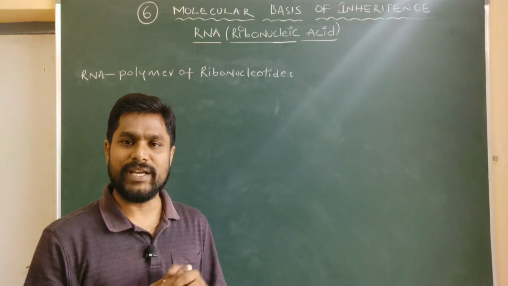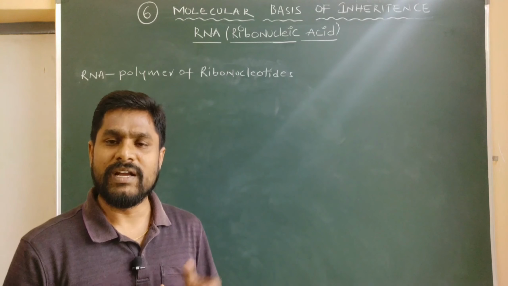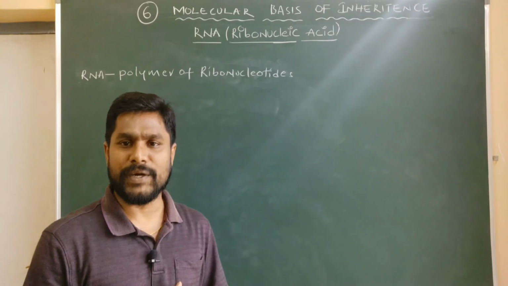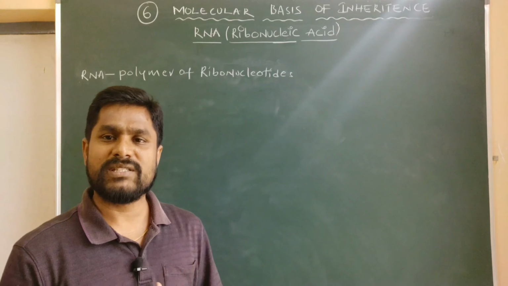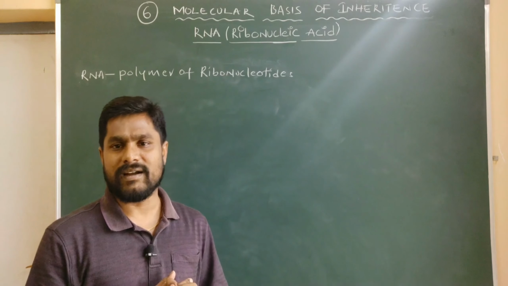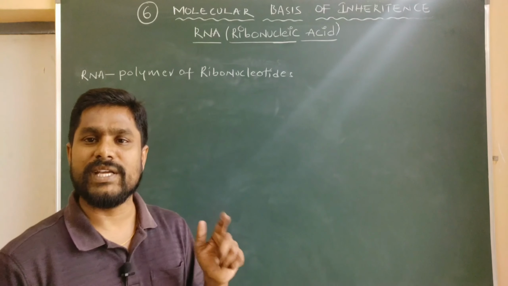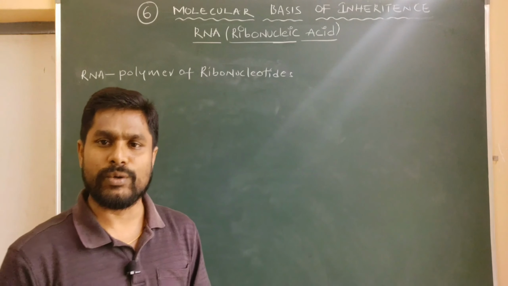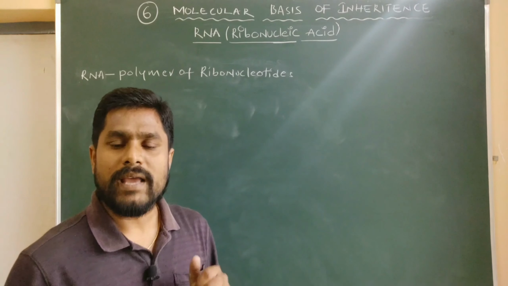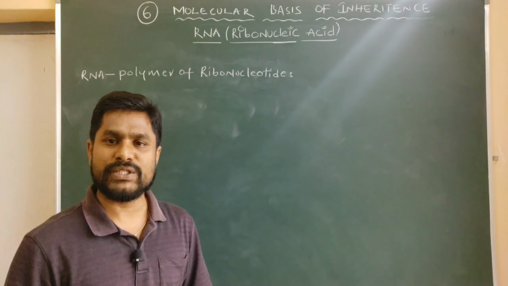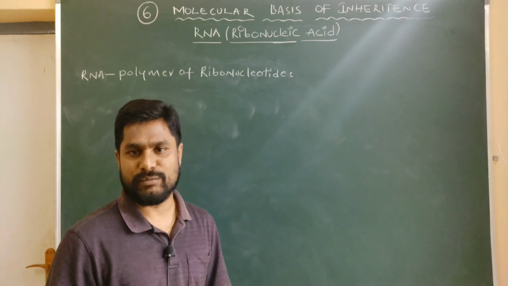Nothing but the deoxyribonucleotides consist of deoxyribose sugar along with the phosphate group and nitrogen bases. That is the basic difference between RNA and DNA. This is the polymer of ribonucleotides and that is the polymer of deoxyribonucleotides.